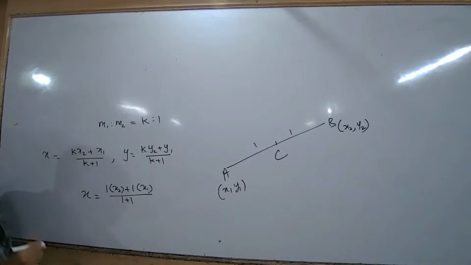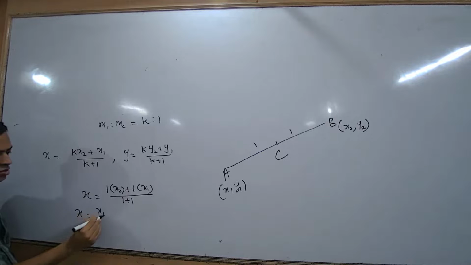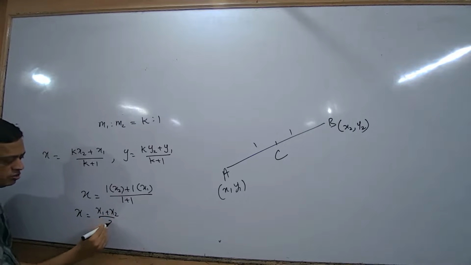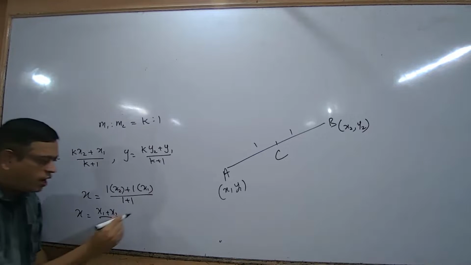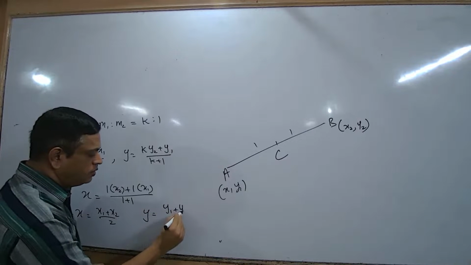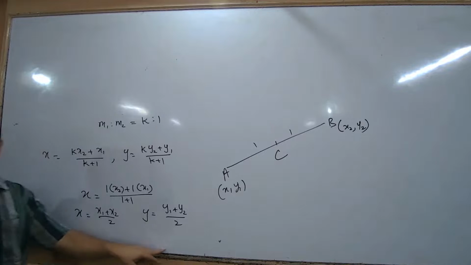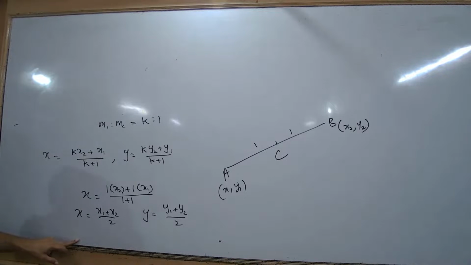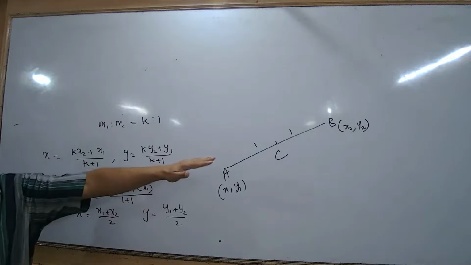Therefore x is x1 plus x2 divided by 2, and y will be y1 plus y2 divided by 2. This formula is called the midpoint formula.